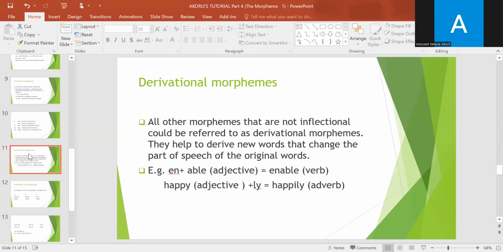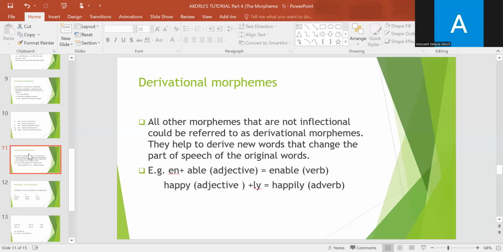Now, all other morphemes that are not inflectional could be referred to as derivational morphemes. Derivation comes from the word derive. They help to derive new words that change the parts of speech of the original word. In other words, derivational morphemes help to change the word class of the original word. Take, for example, able is an adjective.